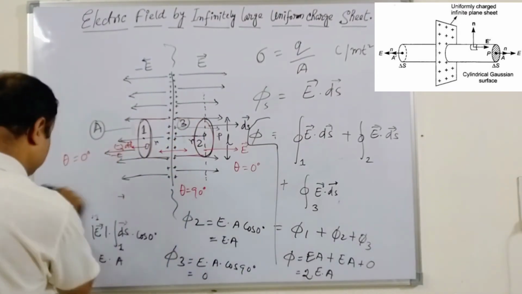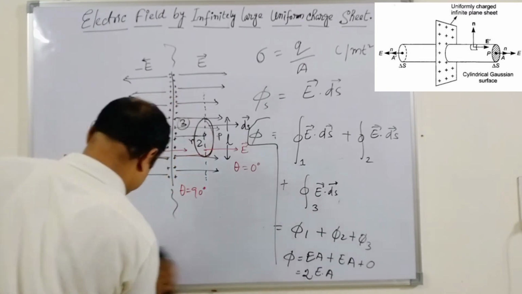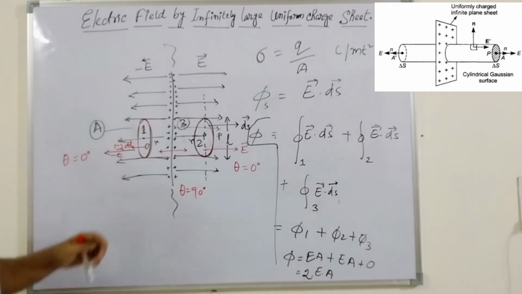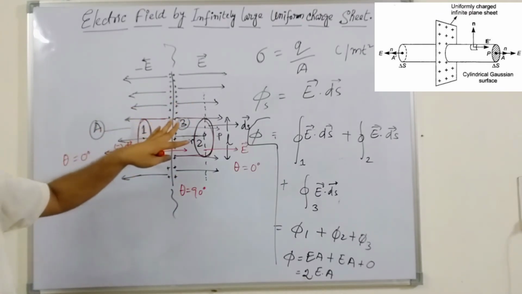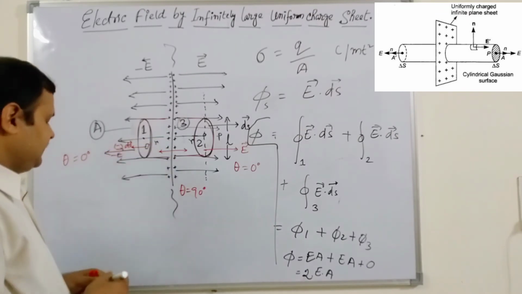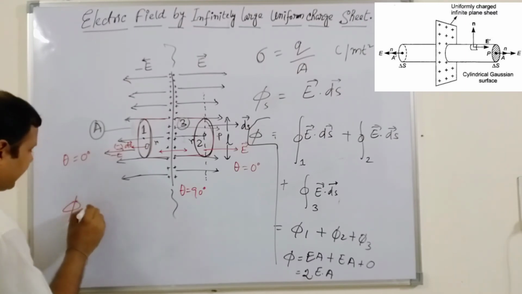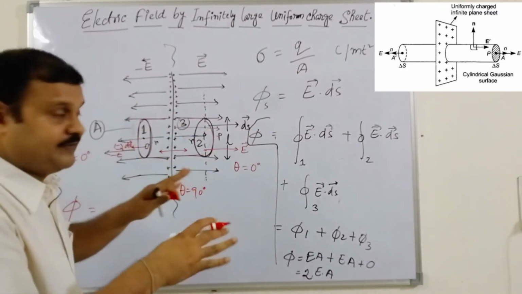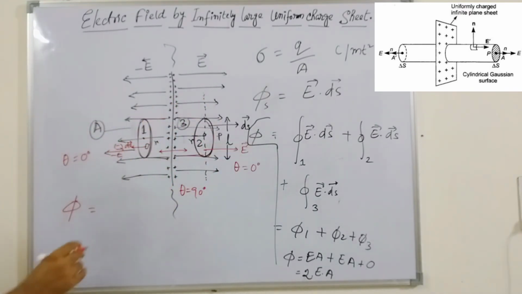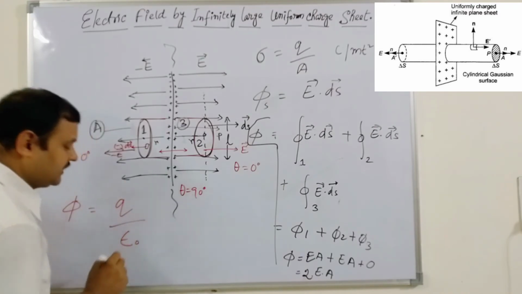Now see, from Gauss theorem, what we have learned is that for any enclosed surface, if the charge is inside, then the net flux from Gauss theorem, applying an enclosed Gaussian surface, this hypothetical surface, is the net charge inside divided by epsilon naught of this medium, the electrical constant.